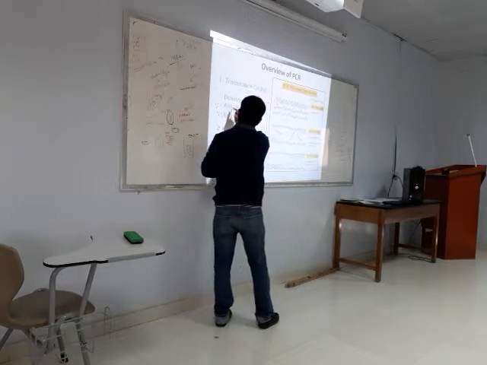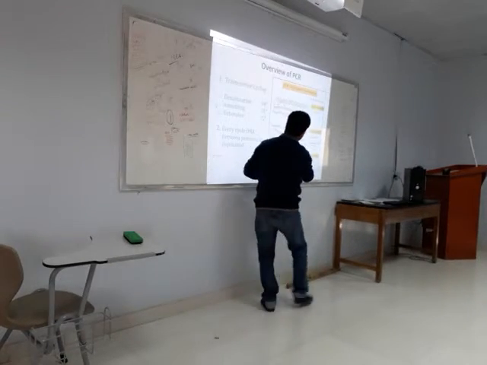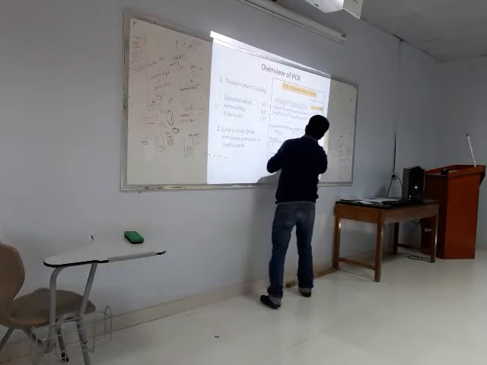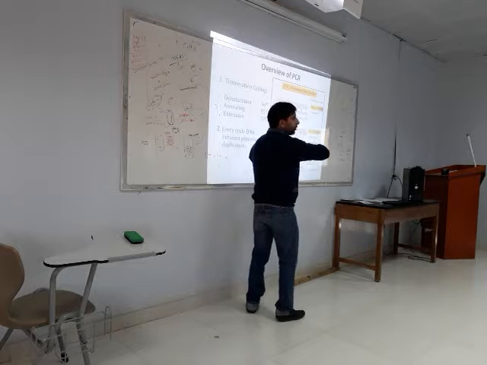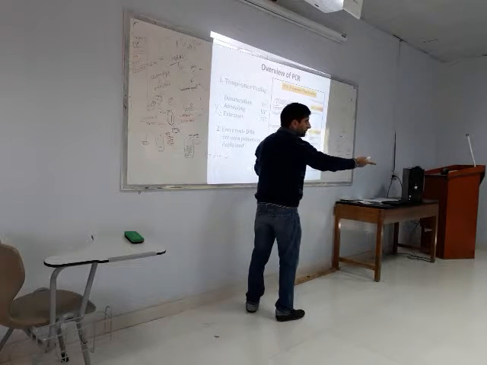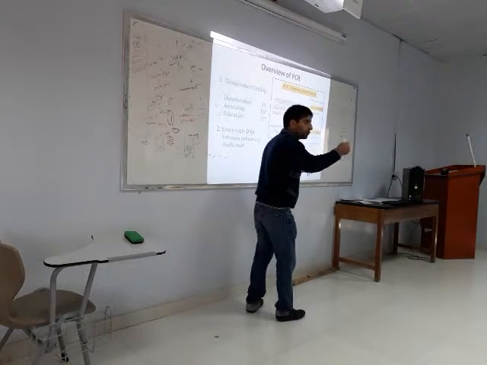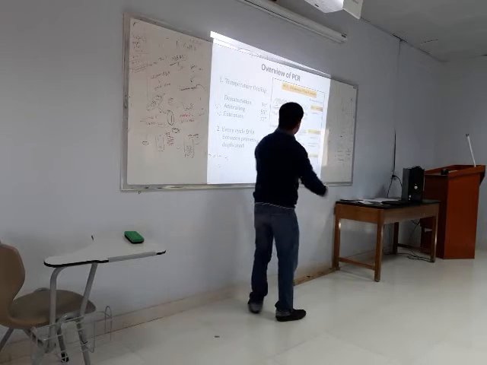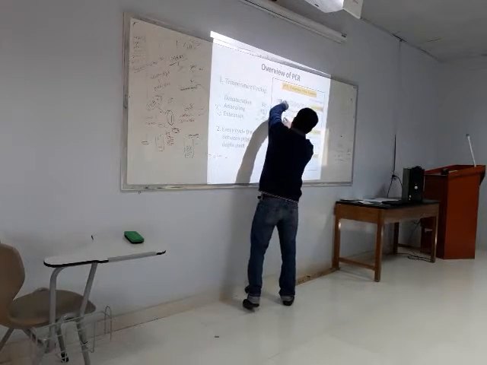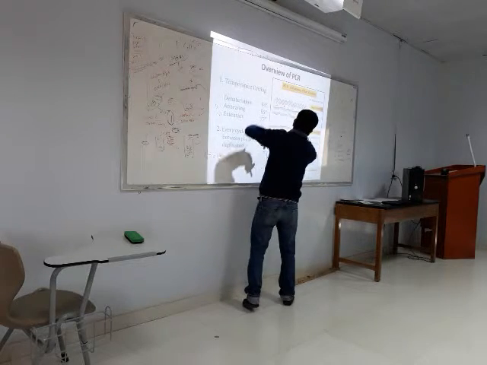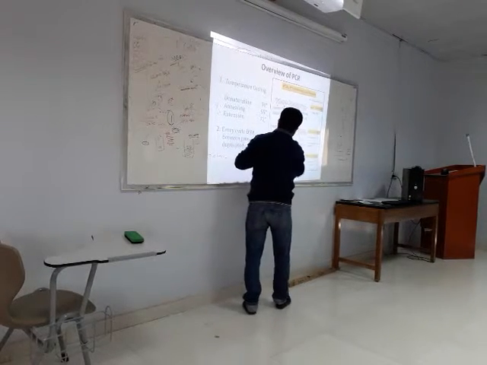In the next step, annealing, this is now the primer. Polymerization always occurs in the 5 prime to 3 prime direction because DNA polymerase moves from 5 prime to 3 prime. You know this DNA separated into 2, and the primer is added here.